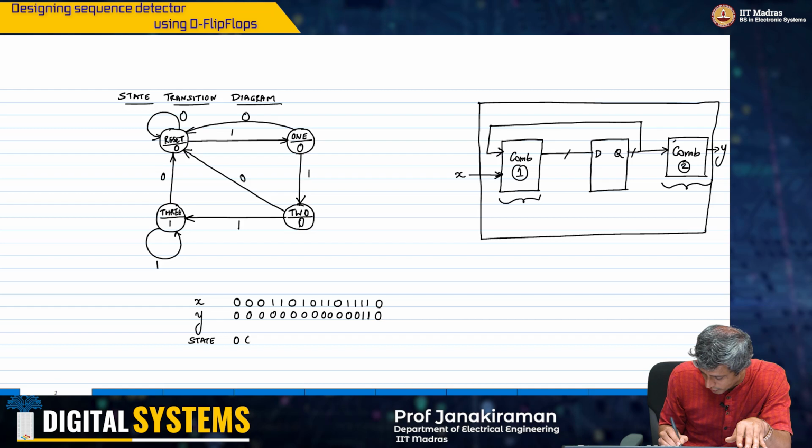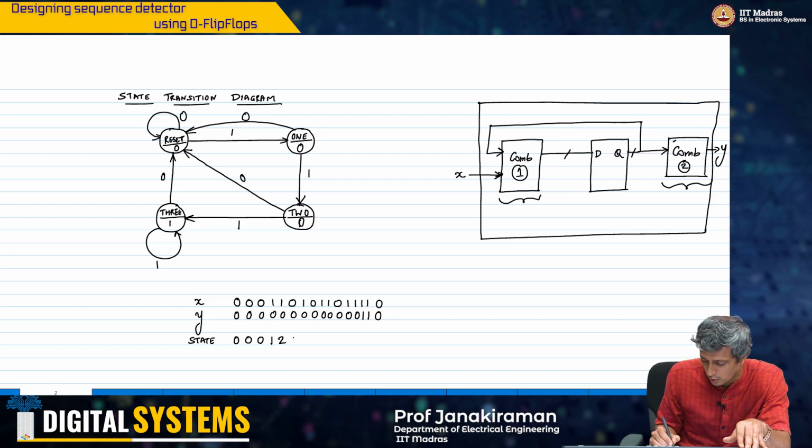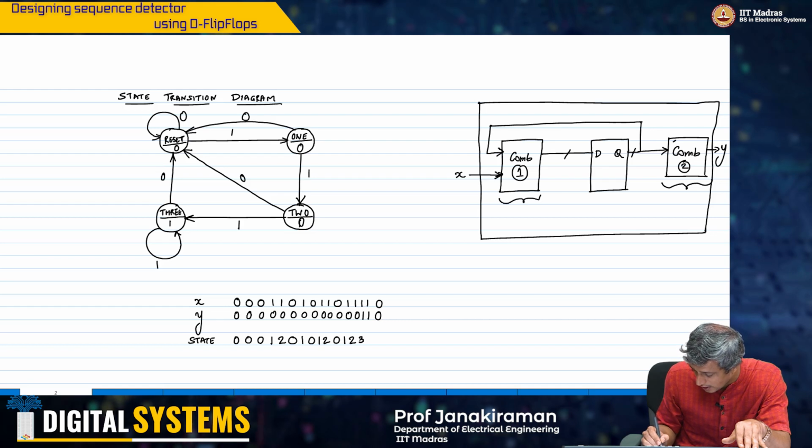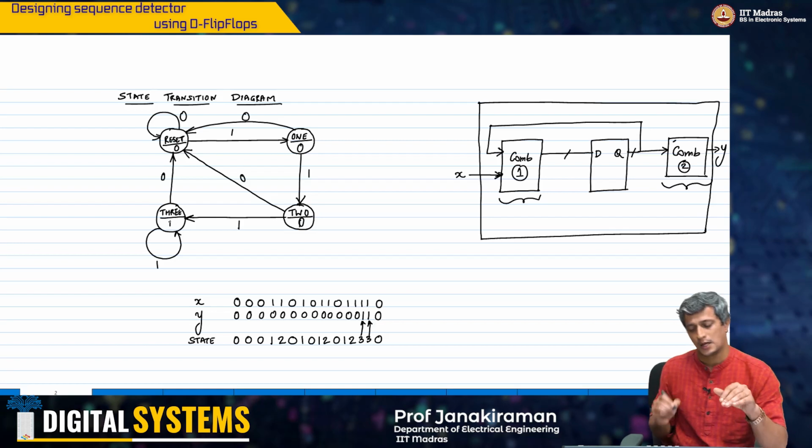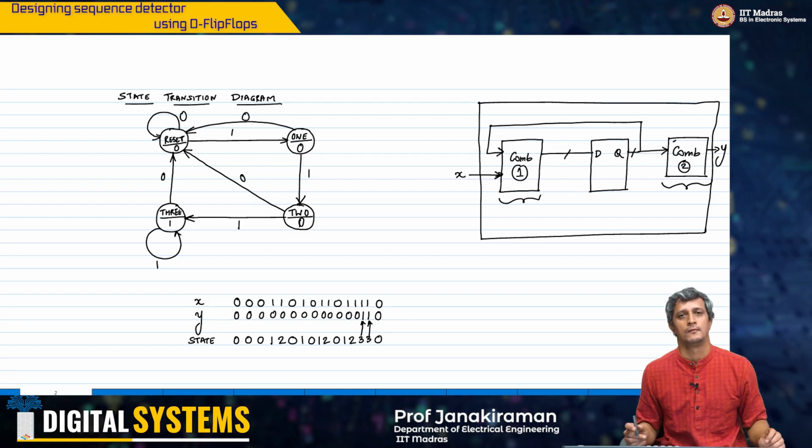Obviously you are at 0 here, 0, 0, then you saw a 1, so you went to state 1, then you saw another 1, you went to state 2, but then you saw 0, you came back to 0, then you went to state 1, you came back to 0, then you went to state 1, state 2, back to 0, state 1, 2 and 3, and you remain in state 3 and then back to 0. So corresponding to this state 3 alone, we are seeing this output of 1 here, okay.